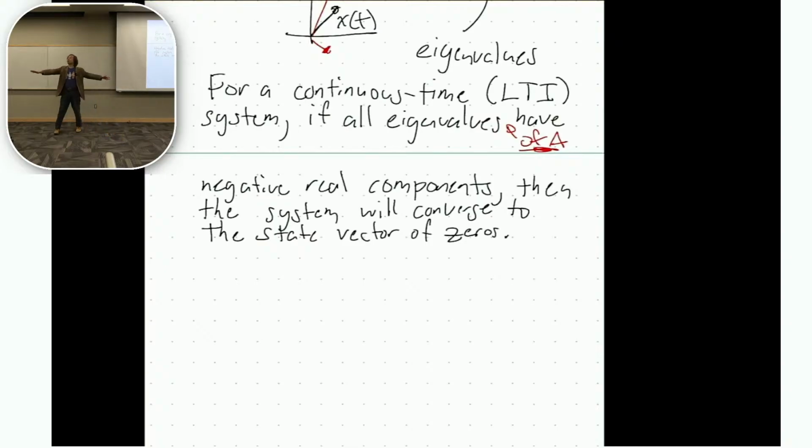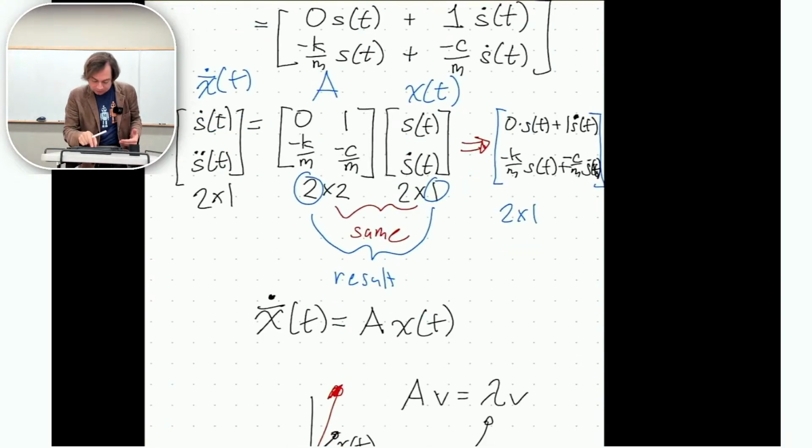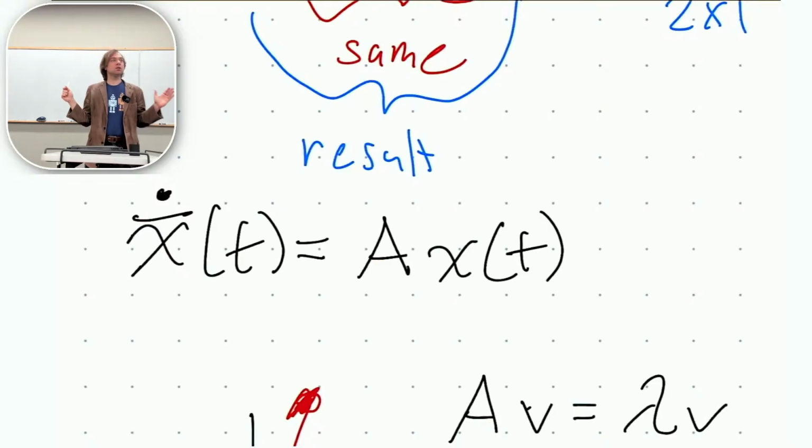I would need control to stabilize myself. Who gets to decide what that controller should be? We do. Okay? So if we have a way to take a system with control and turn it into this autonomous form, that's awesome.